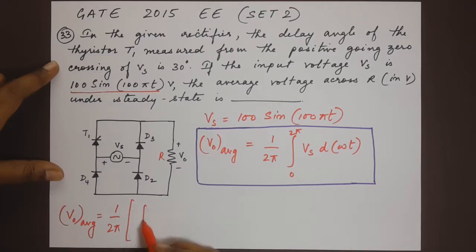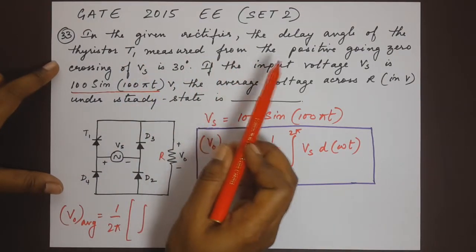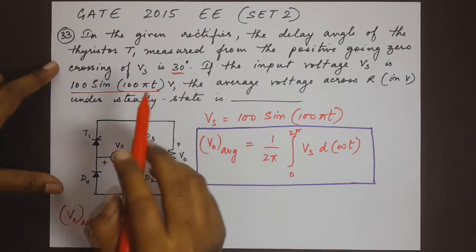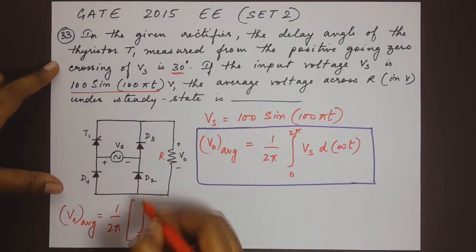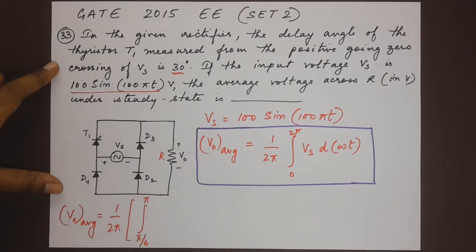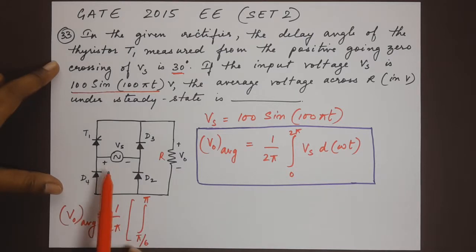now the question says that the delay angle is 30 degrees. So we start with 30 degrees here, pi by 6 to pi. The reason is that the source here is an alternating source, so we have to take care of the positive half cycle and the negative half cycle as well.